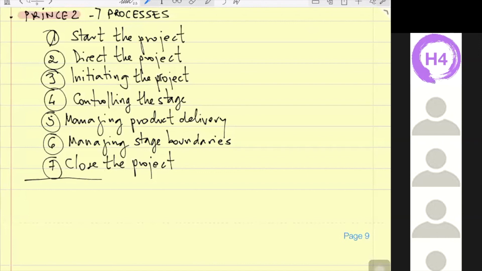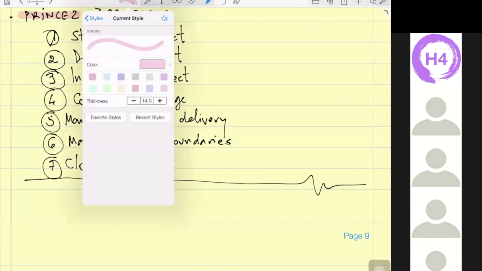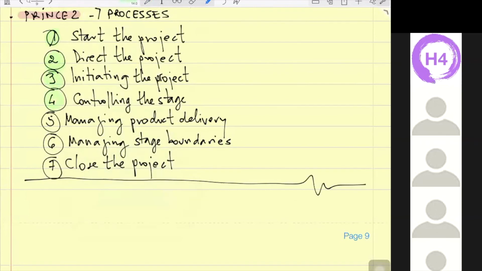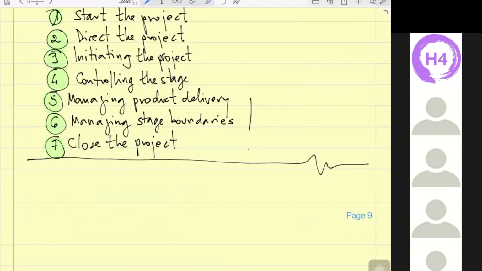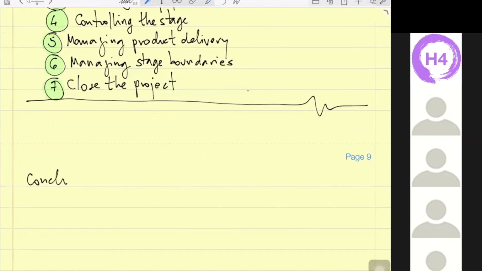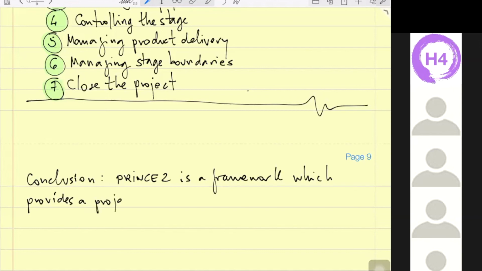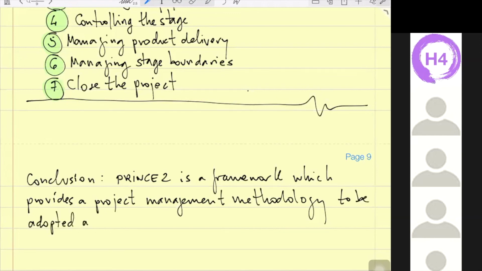Okay. So as a conclusion, it can be said that PRINCE2 is a framework which provides a project management methodology to be adopted as a standard.